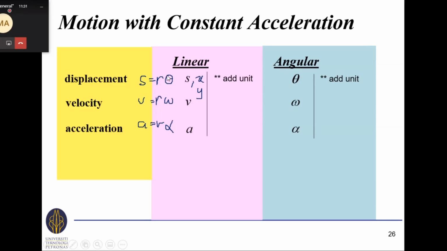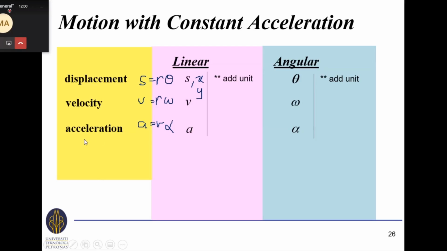Okay, so basically these are the symbols we have in linear. So you just change to another symbol we have in rotational motion. So you can use this slide to add the unit and also add the equations related. Okay, more or less for the omega, you also have two equations related to the period and also the 2 pi, related to one complete rotation.